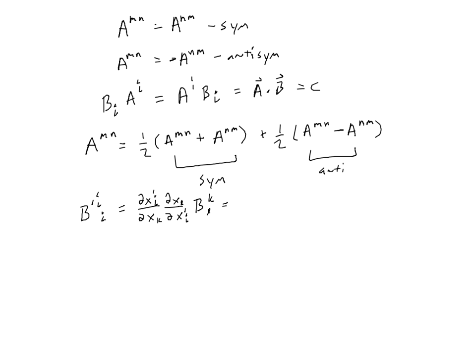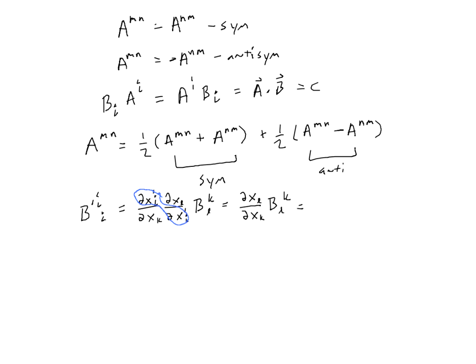And so what happens is you notice that these two are the same. So I take this term in the numerator and this term in the denominator. They're the same. And so this is equivalent to partial X_L, partial X_K, acting on B_LK.